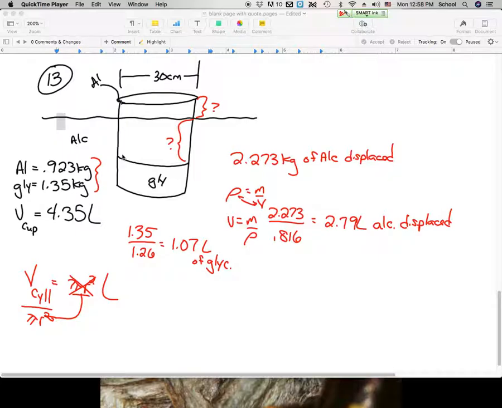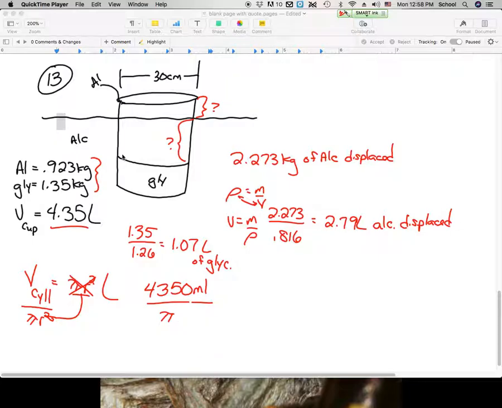Everything here is in liters except our diameter, which was given in centimeters. So I'm going to convert to milliliters because that's really cubic centimeters, and that'll give me stuff in centimeters, and I can do that easier. So first I'm going to take this volume and convert it to milliliters. That's 4,350 milliliters, and we're going to divide that by pi r squared. But what is my r?